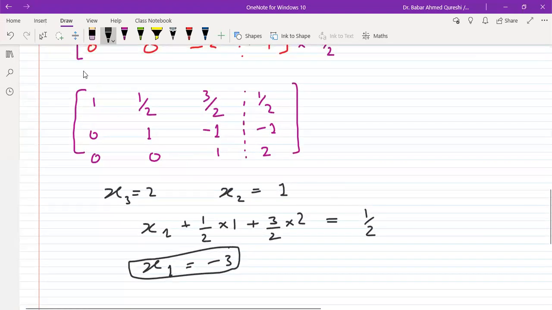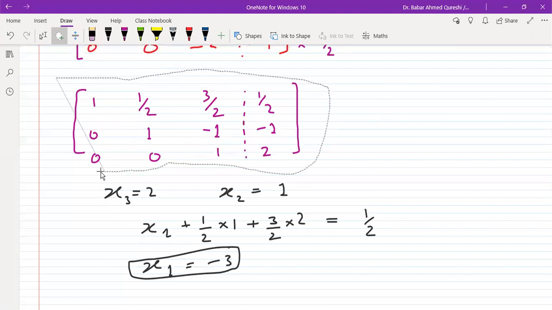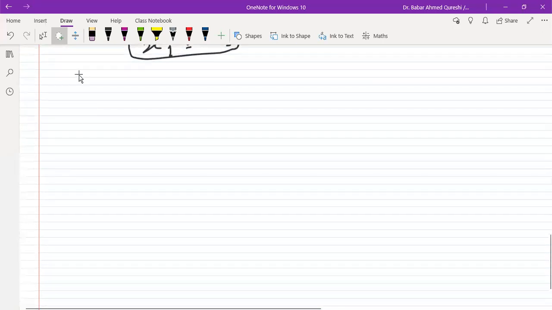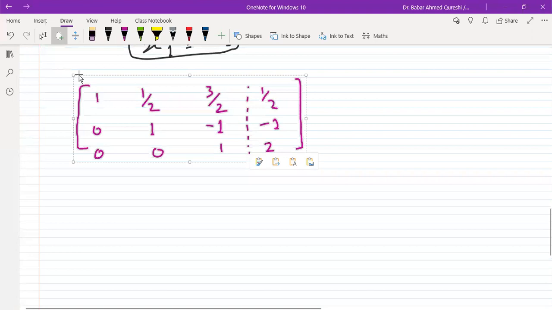Now let me select it again. So this is your matrix, and you start with the first row is in the form which you want, that the first non-zero element is 1 and everything above and below is 0.